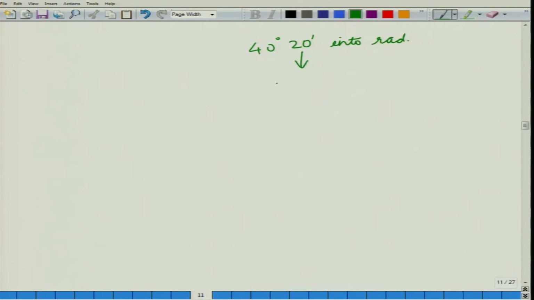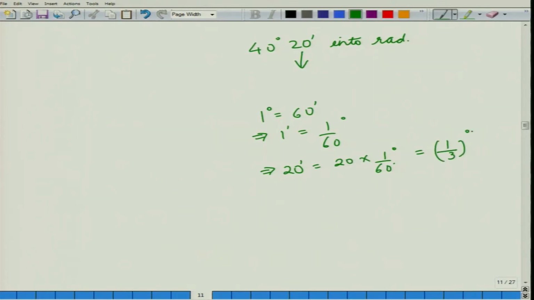First of all, we convert 20 minutes into degrees, because we want everything to be in degrees. Now, 1 degree is equal to 60 minutes. So, 1 minute is equal to 1 by 60 degrees. So, 20 minutes is equal to 20 into 1 by 60 degrees, which is 1 by 3 degrees.